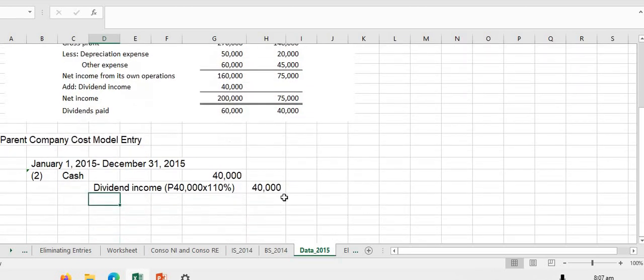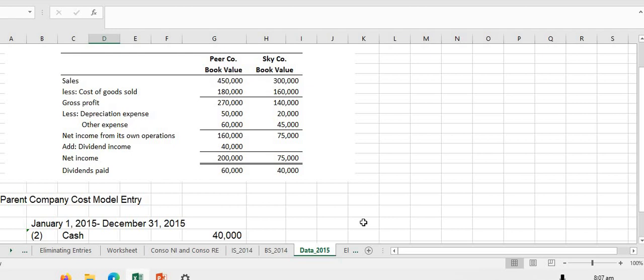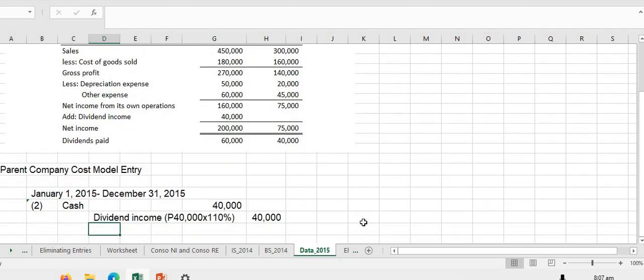So yung entry ni parent for the whole year is actually to record the dividend income. Debit lang siya ng cash, credit dividend income of 40,000. Actually, that's 100%. Yan. 100%. So diba it's 100% acquisition. So, yung i-declare ni subsidiary na dividend, mag-accrue yun lahat kay parent.